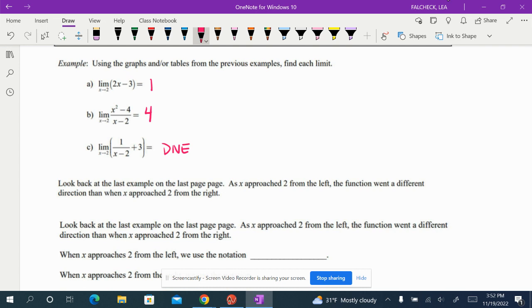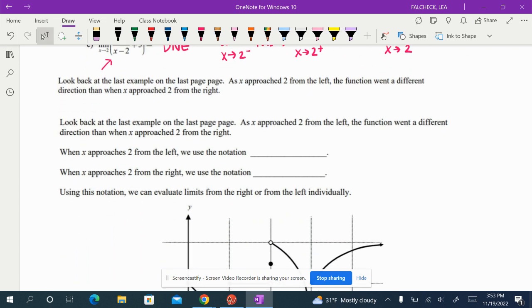In proper limit notation, we would say the limit as x approaches 2 from the left of f of x is not equal to the limit as x approaches 2 from the right of f of x. Therefore, the limit as x approaches 2 of f of x, in this case this guy, does not exist.